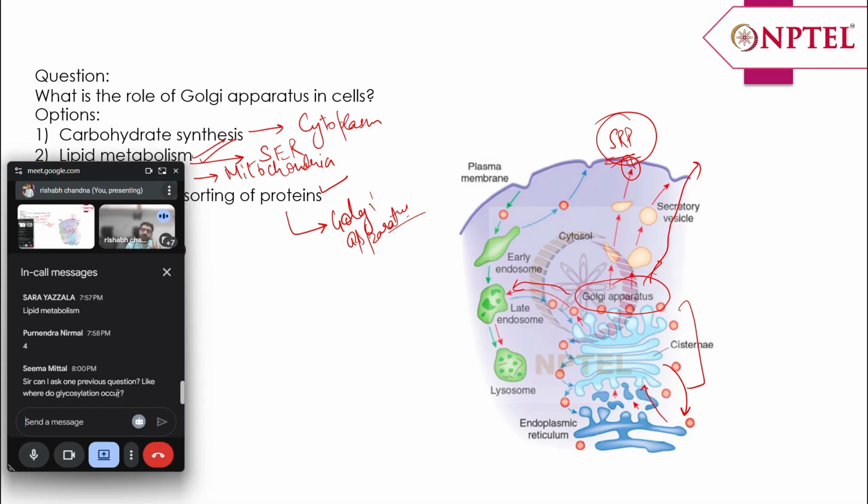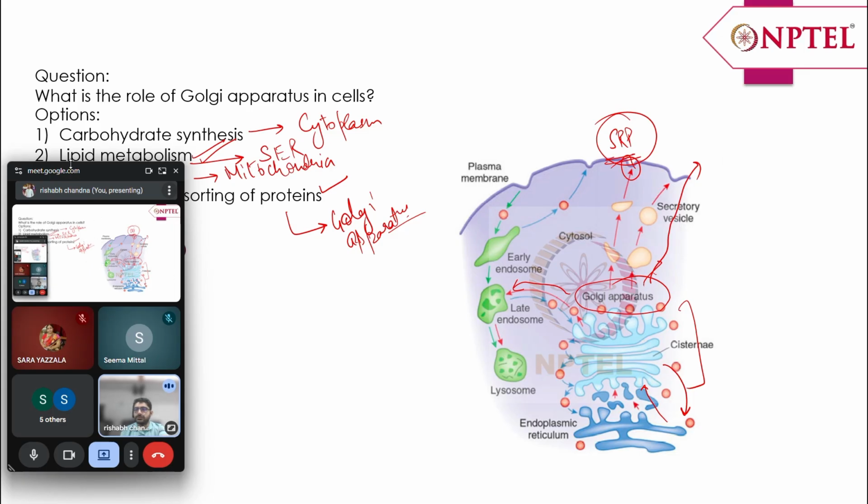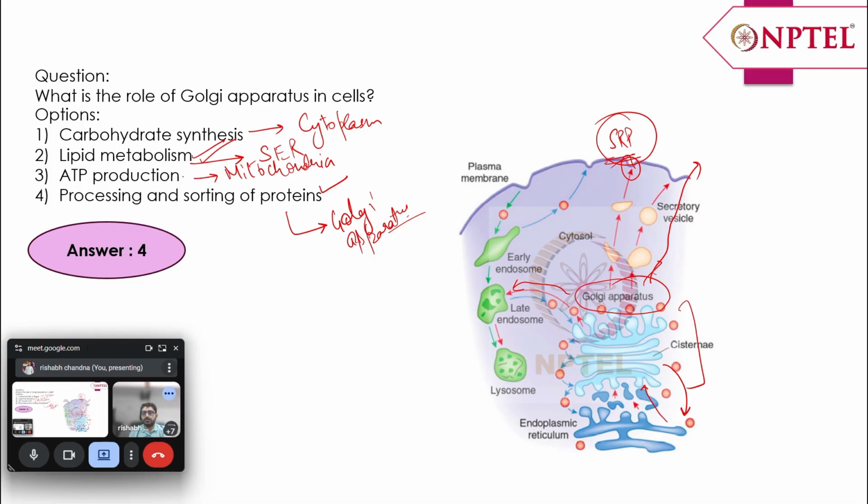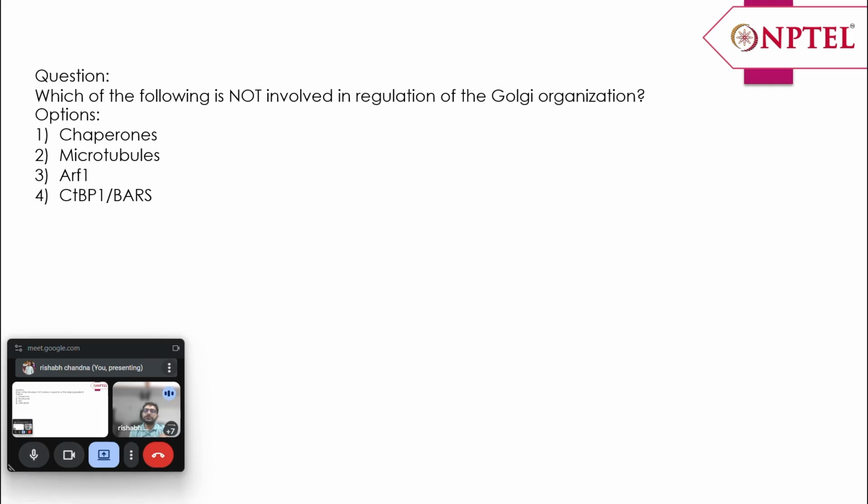So glycosylation occurs in these two places. So any more doubts in this particular question? If not, then we'll move forward. Which of the following is not involved in regulation of the Golgi organization? So what can be the correct answer?